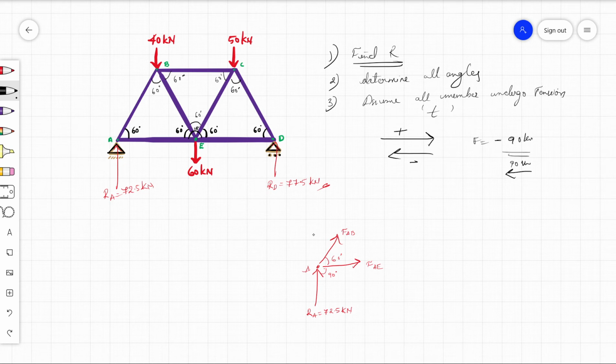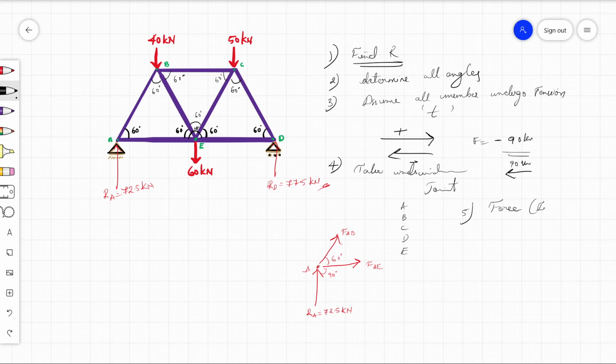And the fourth step is we take the individual joints, that is joint A, B, C, D, E. Once these joints are done, the fifth step is we look for the forces, internal force.